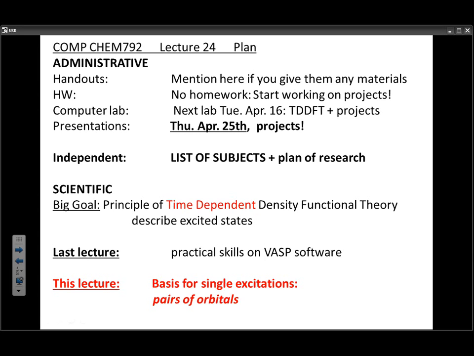In the last lecture, we practiced the skills on the software, and in this lecture, the goal is to use the principle of time-dependent density functional theory to describe excited states. We will focus on the procedure of constructing density out of pairs of orbitals.